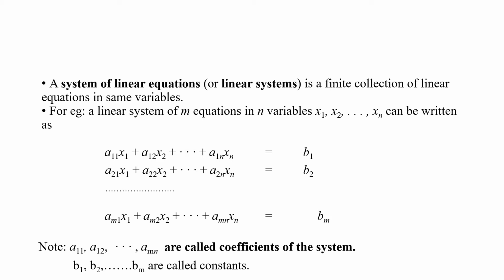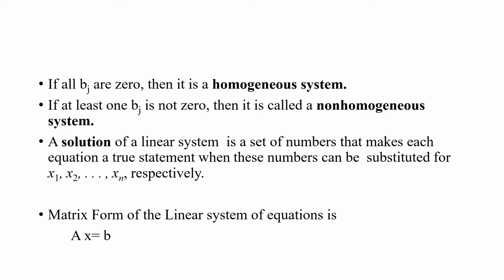Here a11, a12, etc., amn are called coefficients of the linear system and b1, b2, b3, etc., bm are called constants. If all bj terms are equal to 0, then it is a homogeneous system. If at least one bj term is not 0, then the linear system is called a non-homogeneous linear system.